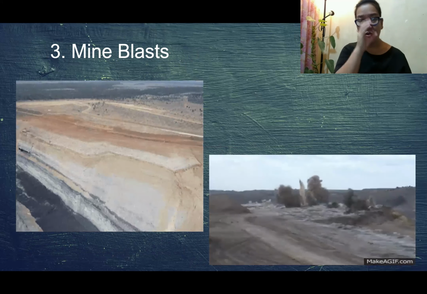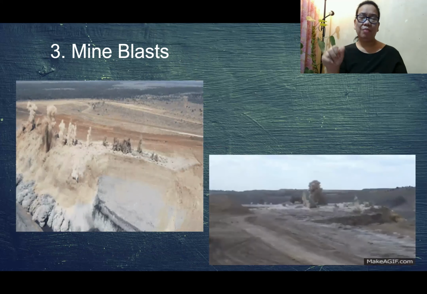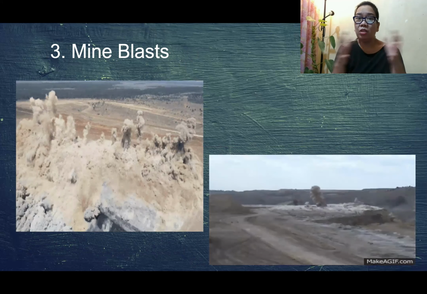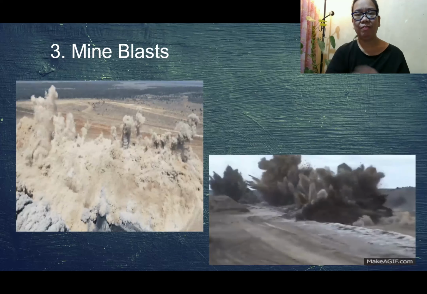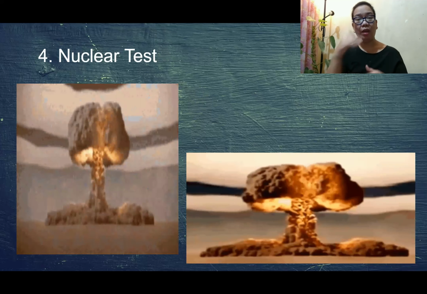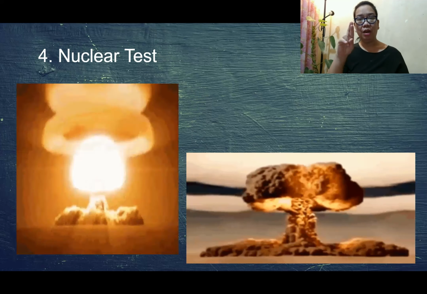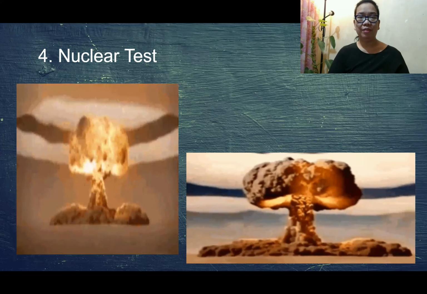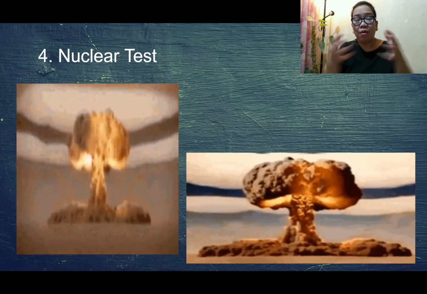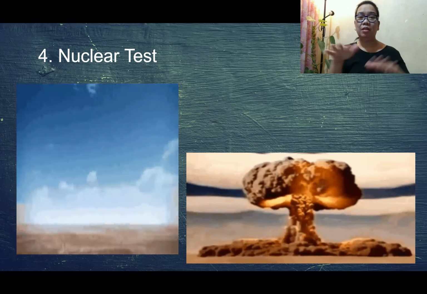Yes, they are looking for gold, silver, any valuables, anything that costs much. The fourth reason why earthquakes occur is the nuclear test. It has so much degree of explosion that it causes the earthquake.